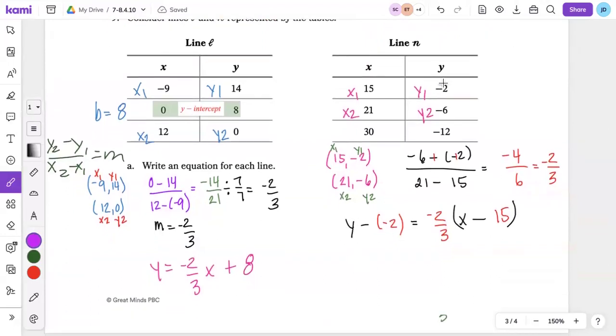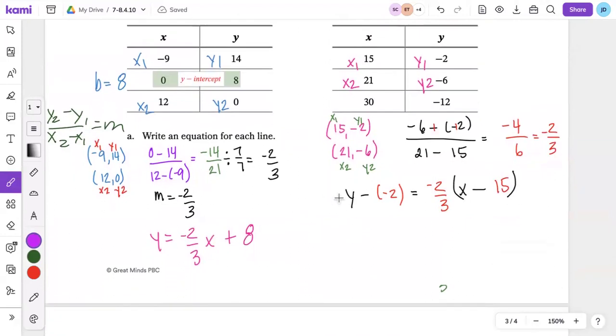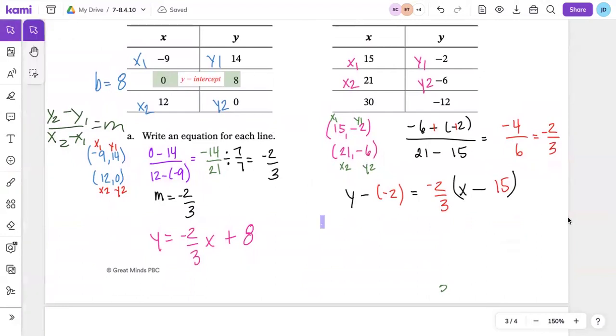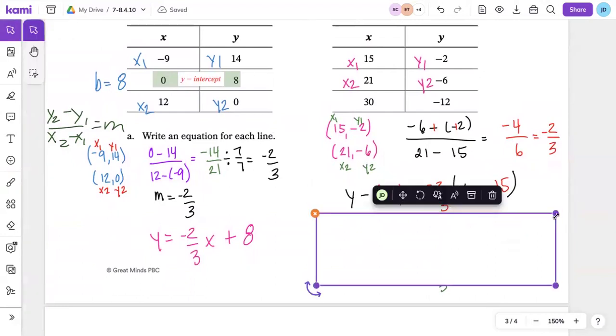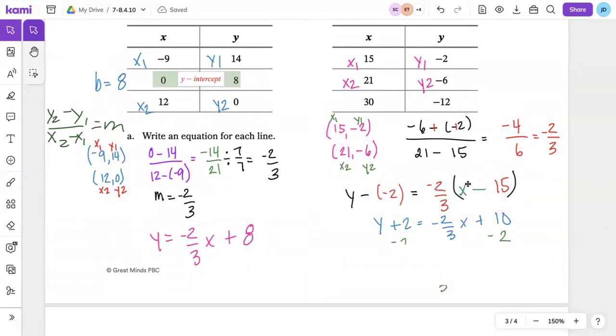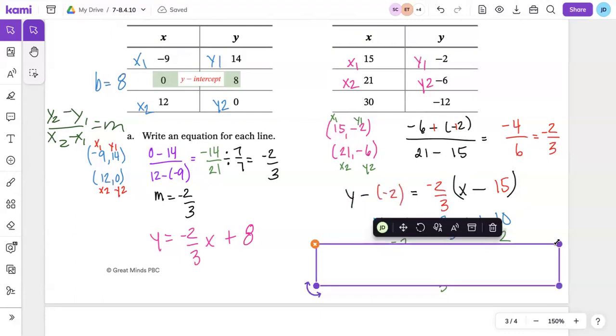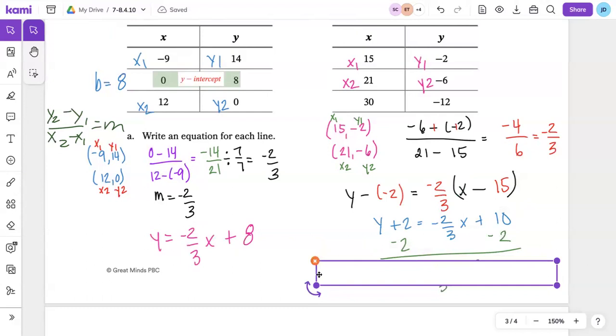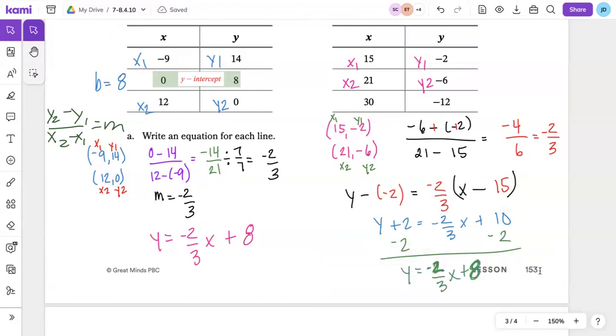I plugged in -2 for y1, so we have y minus -2 equals -2/3, that's our slope, times x minus 15, which was our x1. And now we're just going to solve for y in order to put this into slope-intercept form. So start by distributing. -2/3 times x is -2/3 x. -2/3 times -15 gives us a +10. And we've written this with our additive inverse, y plus 2. Subtracting 2 from both sides, you end up with y equals -2/3 x plus 8, which puts it into slope-intercept form.